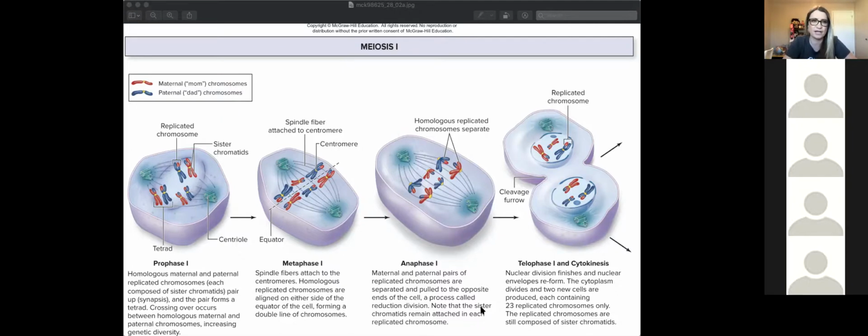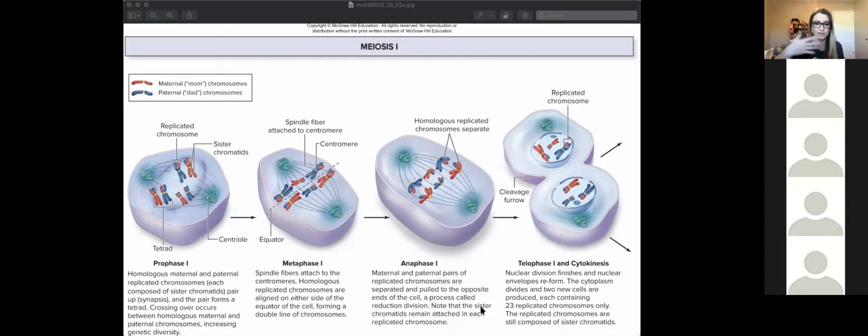On this image right here, you can just see like the tips being exchanged. It does not necessarily have to be just the end of the chromosome. You could have the middle section switch. And what this does is basically it ensures that genes from your mom and from your dad are getting shuffled. And it increases genetic variation.